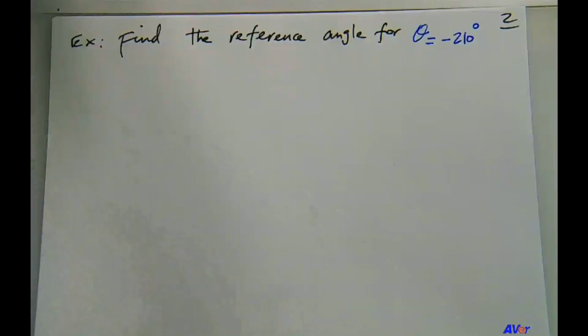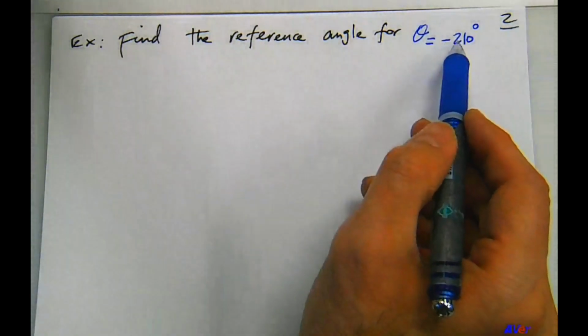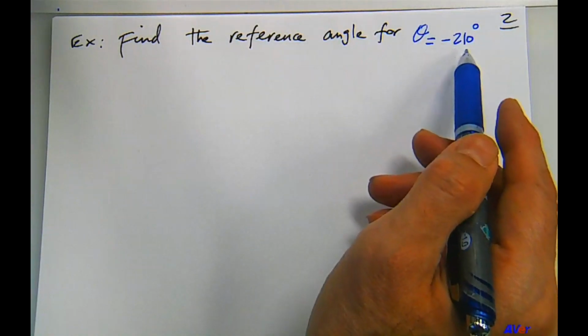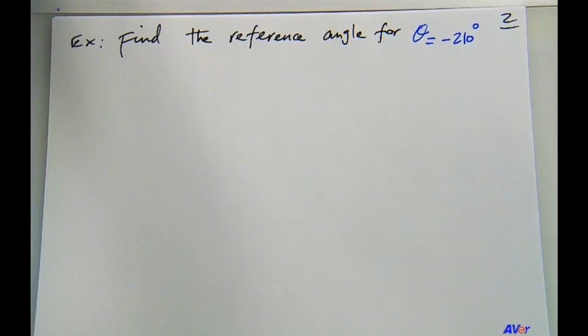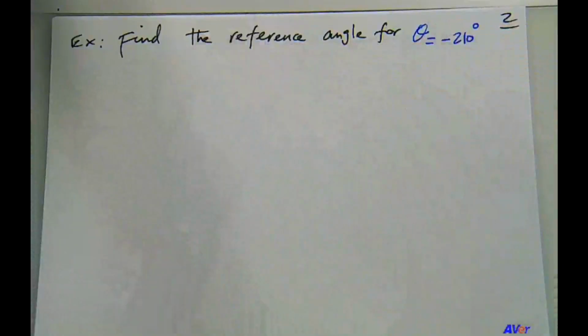Okay, this was just a coincidence when I said 210 degrees earlier. But anyway, this is good because this is negative 210 degrees. So it is in the clockwise direction. Right? Let me write that quickly.